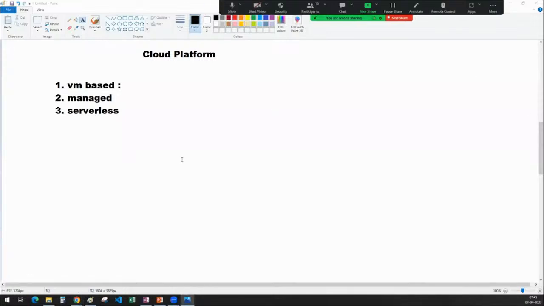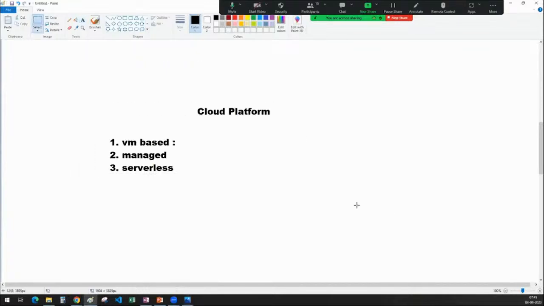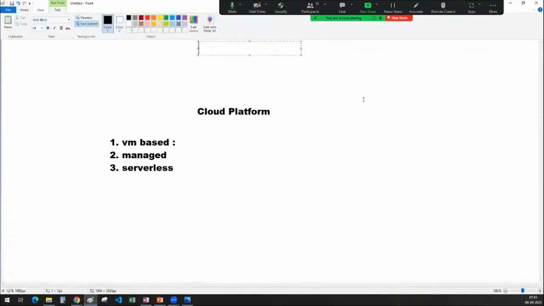Sorry guys, I'm back now. So there are three categories in the cloud platforms: VM based, managed, and serverless. But before this, to understand it, there is one more category which is not a cloud platform, that is non-cloud, which we call on-premises, right? So we have one more thing, that is on-premises. It is not a cloud.